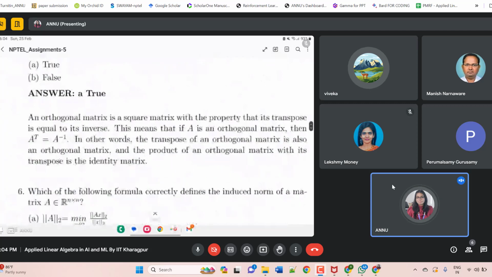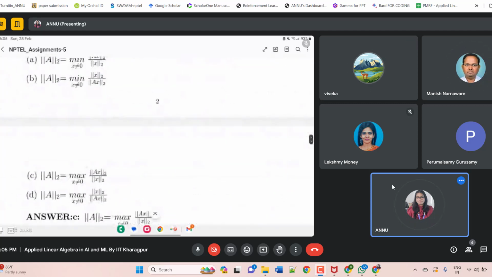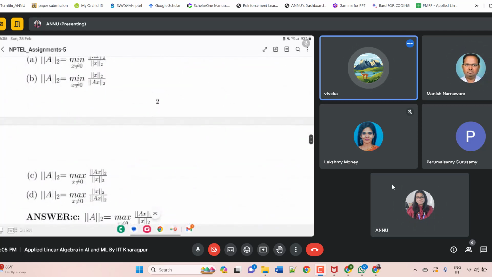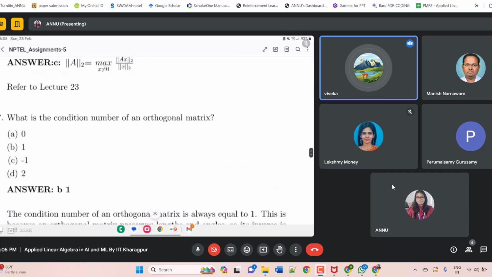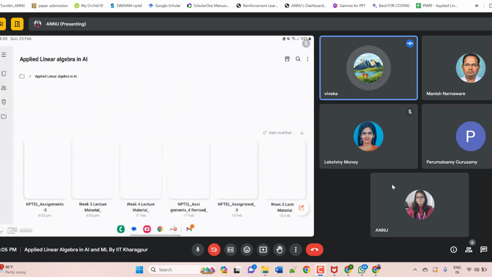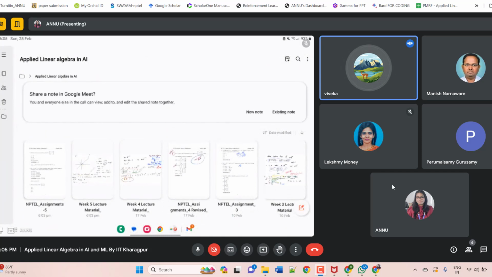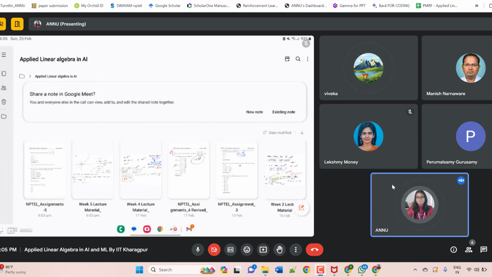Ma'am, this type of PDFs I have, every week of last year. How can we get assignment questions from last year, not last year, 2, 3 years? Actually, Viveka, I have to ask them how we can get them.